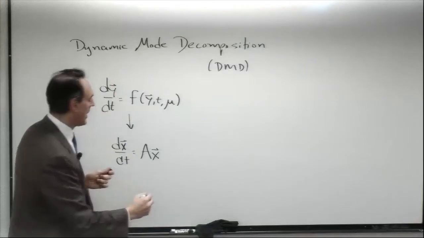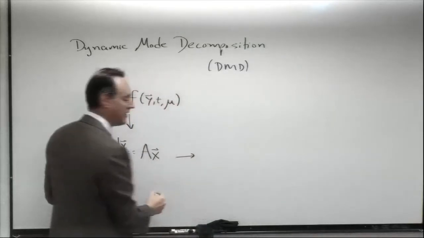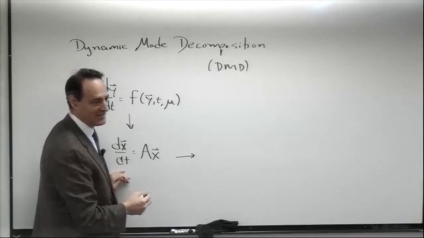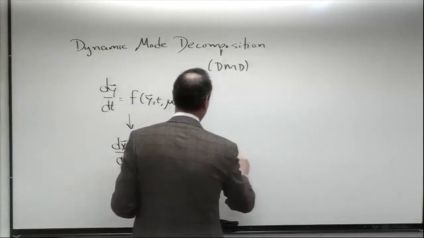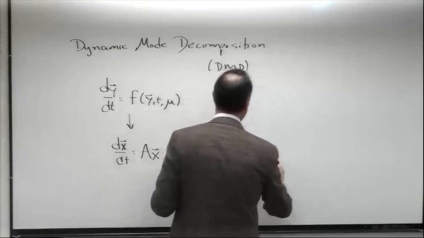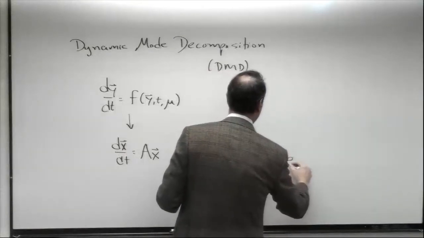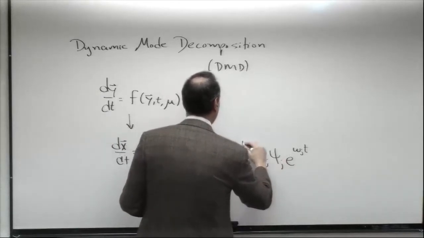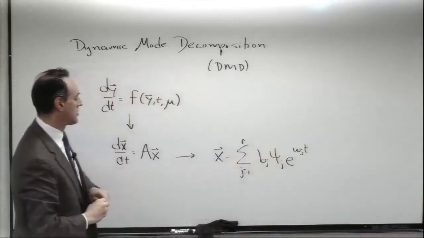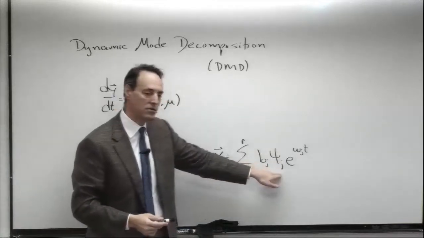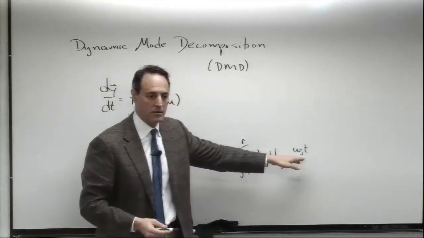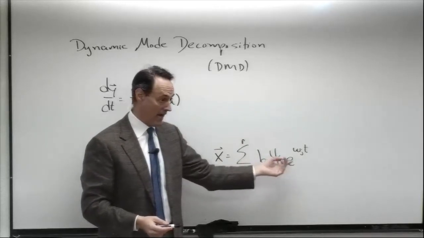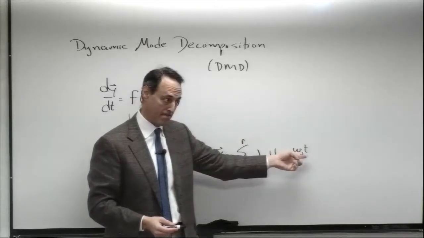Okay, the advantages, again, if that's linear, I can solve it. It has a solution which is equal to the sum of b_j phi_j. And we're going to do a rank r truncation. So there's this idea that there's some modes and eigenvalues associated with the dynamics, and then I can represent the solution like this, and it allows me to do future state prediction.